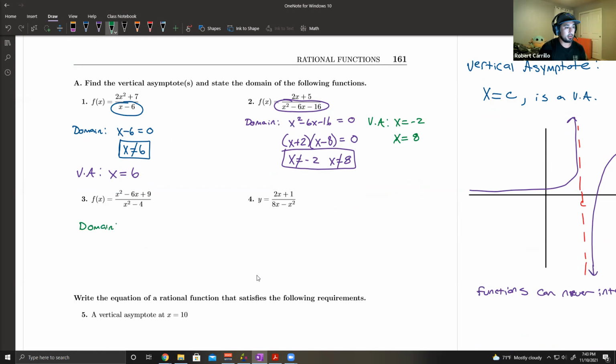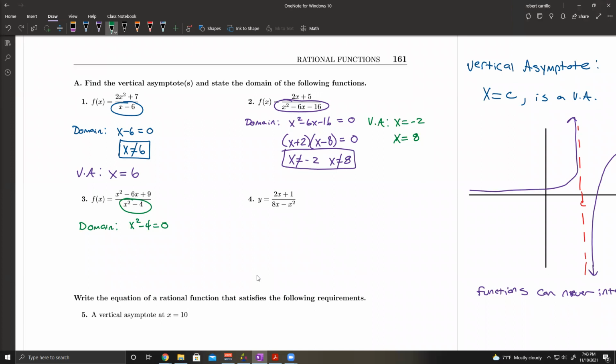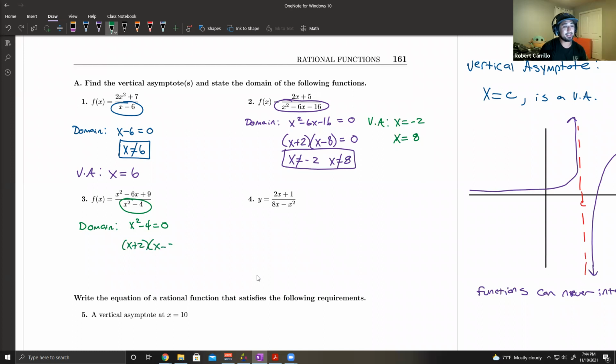Find our domain. Set your denominator equal to 0. And x squared minus 4, what is that factor to? X plus 2, x minus 2. Good, because it's a difference of two squares. And then solve for x.